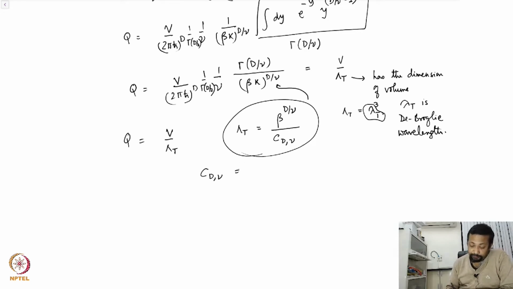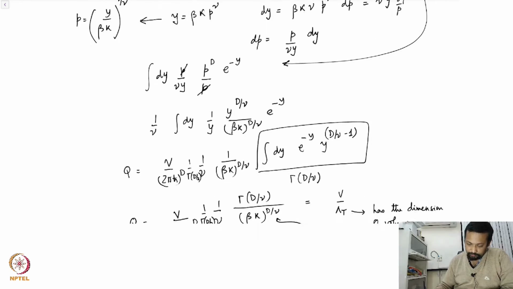This is going to be 1 over 2 pi h bar to the power d, gamma d by 2 nu, gamma d over nu, and then there is going to be kappa d over nu.